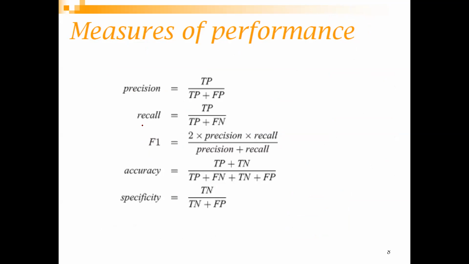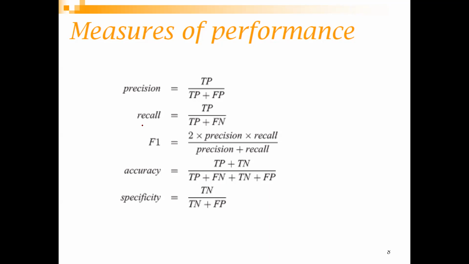And studies show that, so actually what do you want? You want a high precision system with high recall, right? But it is found from studies that it is not always practical to get a system which has high precision and high recall at the same time.